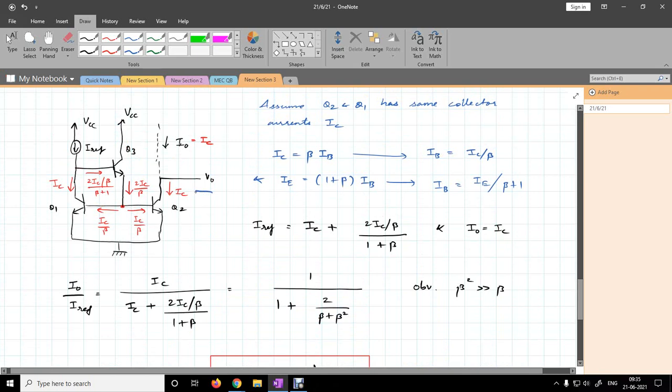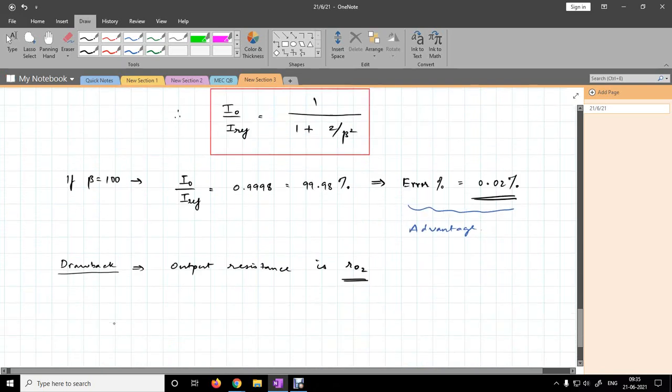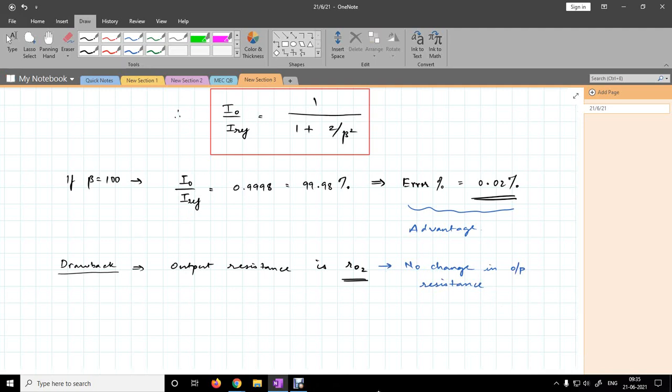If I measure R out here, that is same as R naught 2. So no change in output resistance. Although the error ratio has decreased vastly, there is no change in output resistance, right?